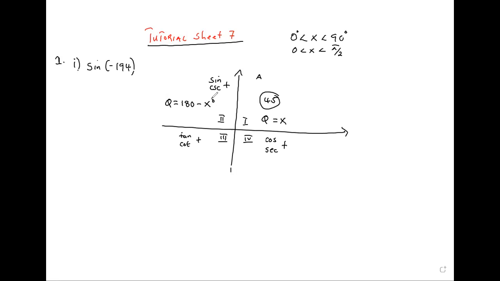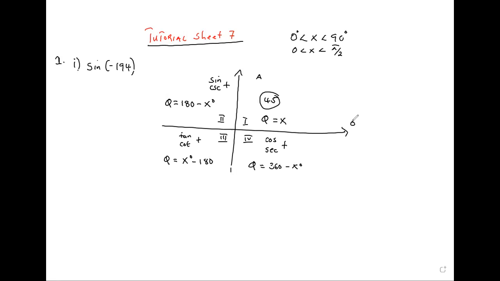If x falls in the third quadrant, then theta, the reference angle of x, will be x minus 180. In the fourth quadrant, you say 360 minus x degrees.